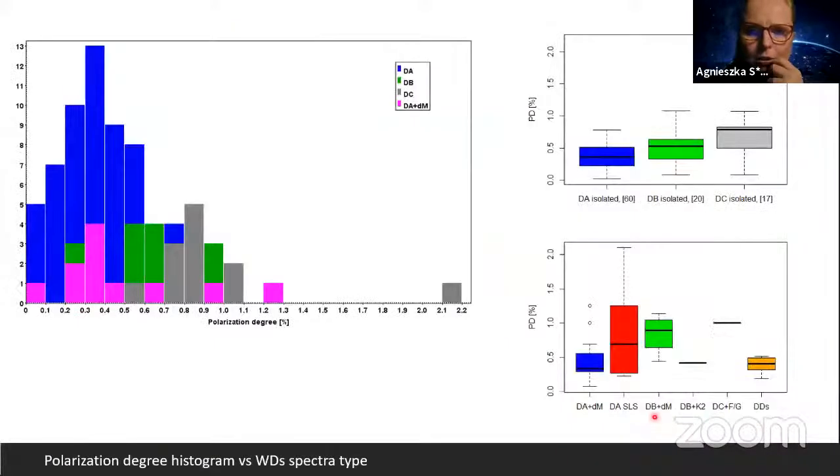This data will be updated with 2020 data, where we have 30 or 40 more measurements of white dwarfs, so the statistic will increase, and therefore we will be able to have a stronger conclusion on that dependence of polarization degree versus spectral type.